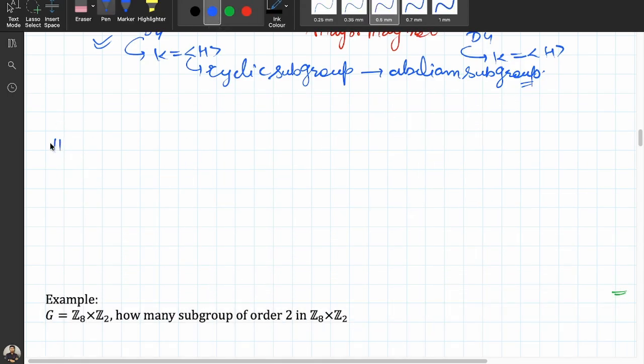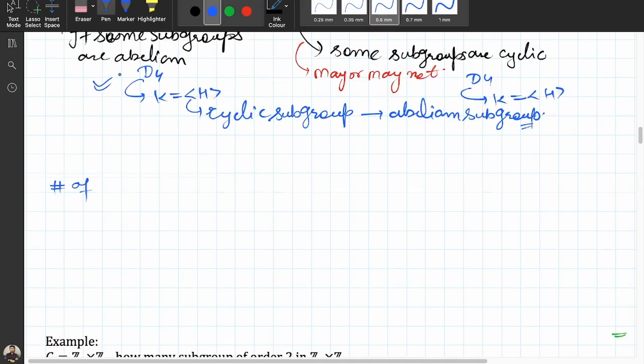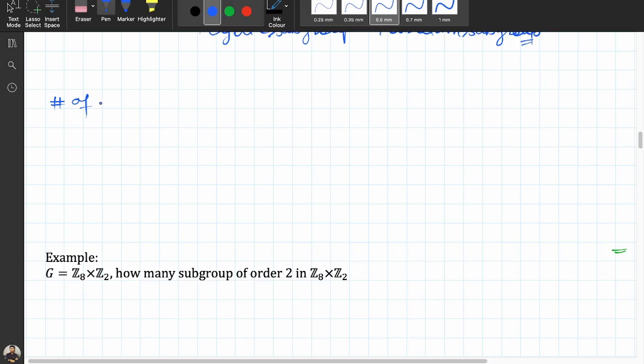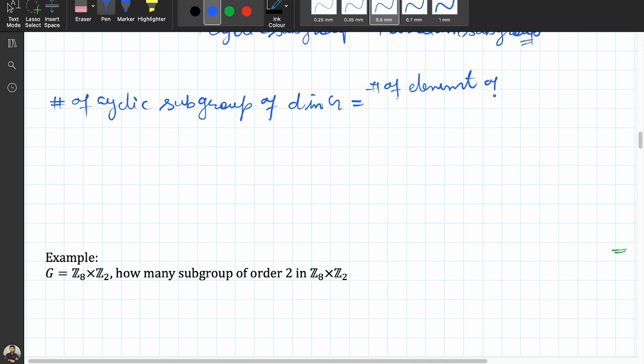If you want to calculate the number of cyclic subgroups of order d in G, it equals the number of elements of order d divided by phi(d), Euler phi of d.